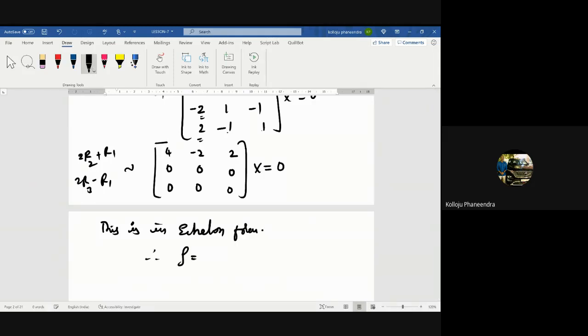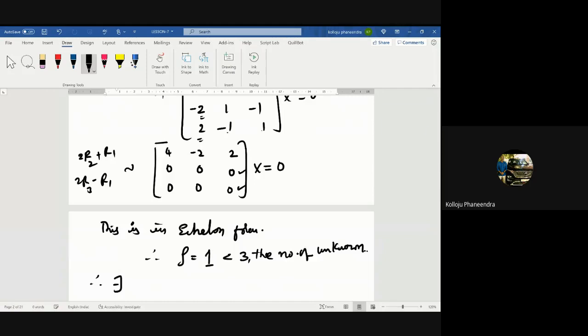Therefore, what is the rank of the matrix? Number of non-zero rows. Only one non-zero row is there. And how many unknowns? Three unknowns are there. In the last class, we had a repeated eigenvalue, but there were no two zero rows. Here we are now getting two zero rows, with the number of unknowns being three.